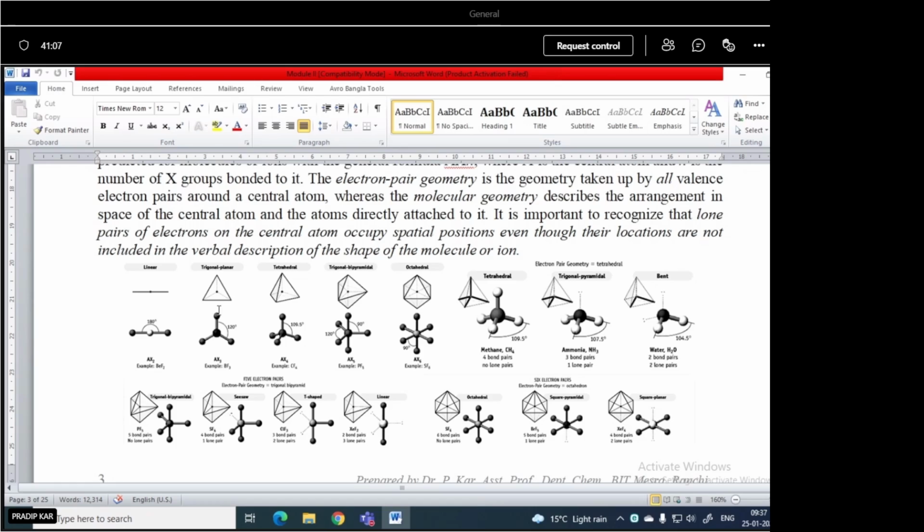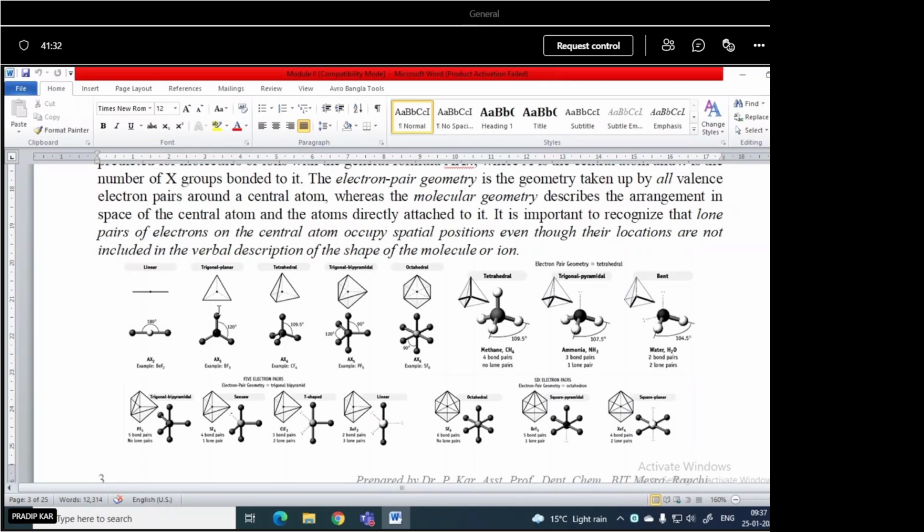But if we consider ammonia, ammonia has 1 lone pair and 3 bond pairs. Due to higher lone pair-bond pair repulsion, although it should have a tetrahedral structure, it is near to a trigonal pyramidal structure.